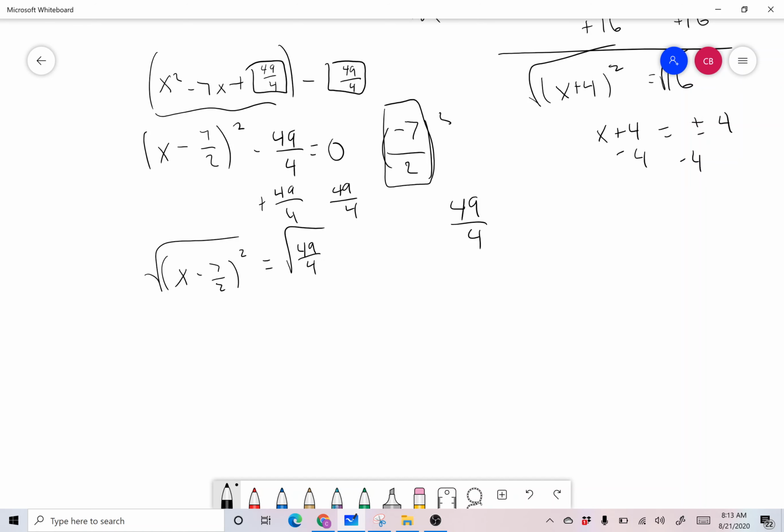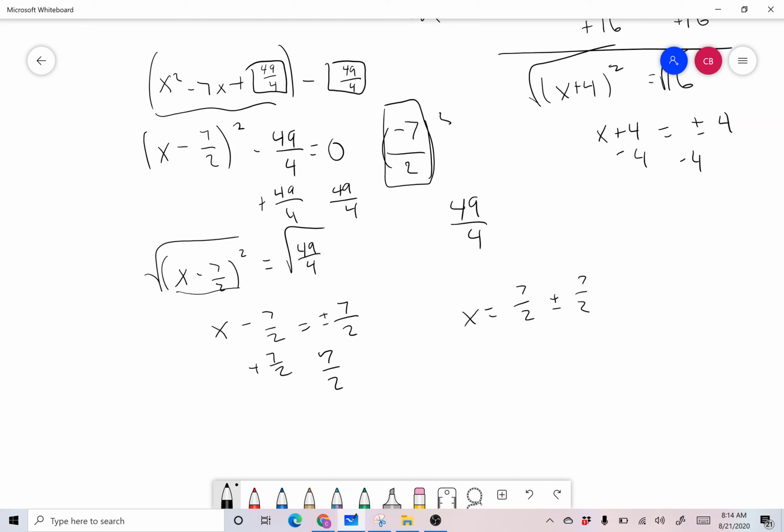Take the square root. x minus 7 over 2 is equal to 7 over 2, plus or minus. It's plus or minus, remember, because there was an x squared on this side. If you have an x squared, you can take the positive or negative value and get the right answer. We add the 7 over 2, and x is equal to 7 over 2 plus or minus 7 over 2.